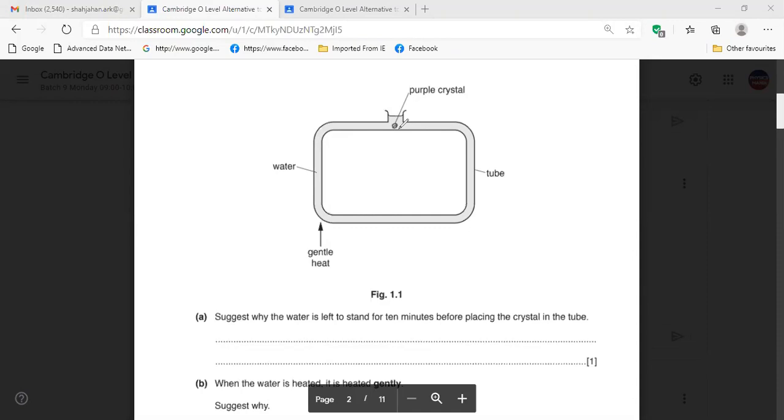So that we can have the water particles move only for convection, not for any vibration or shaking. That's why we have to wait some time for the water to be settled. Is it clear now, Tamjid? Okay, write it. To allow the water to be settled.